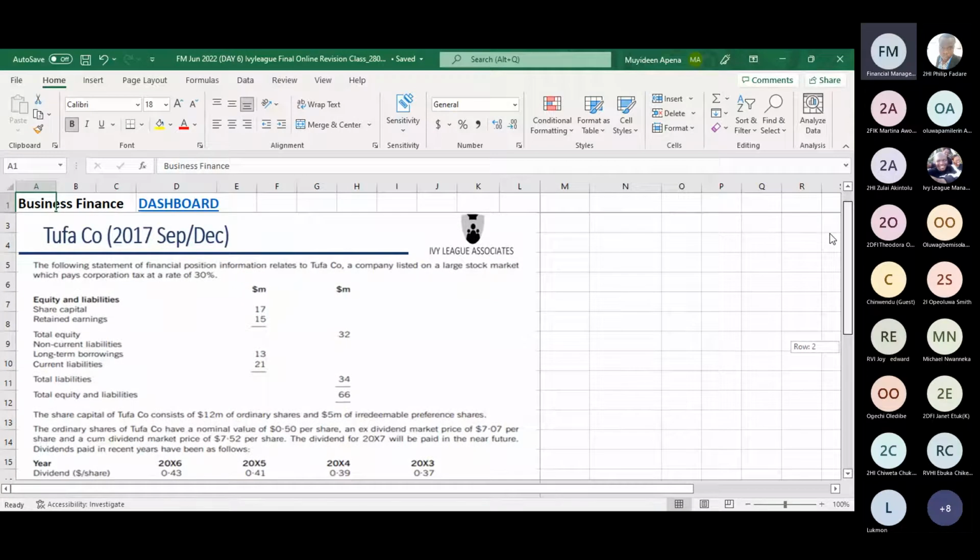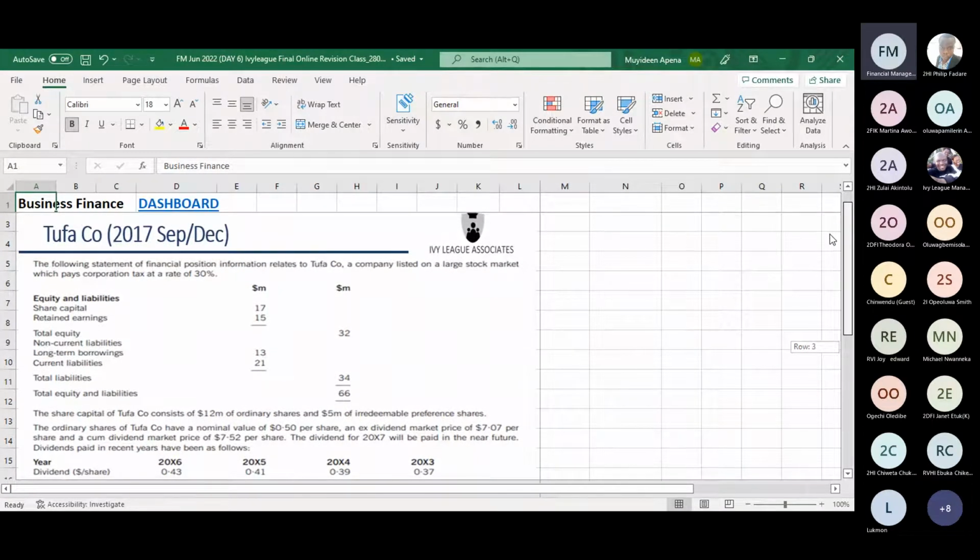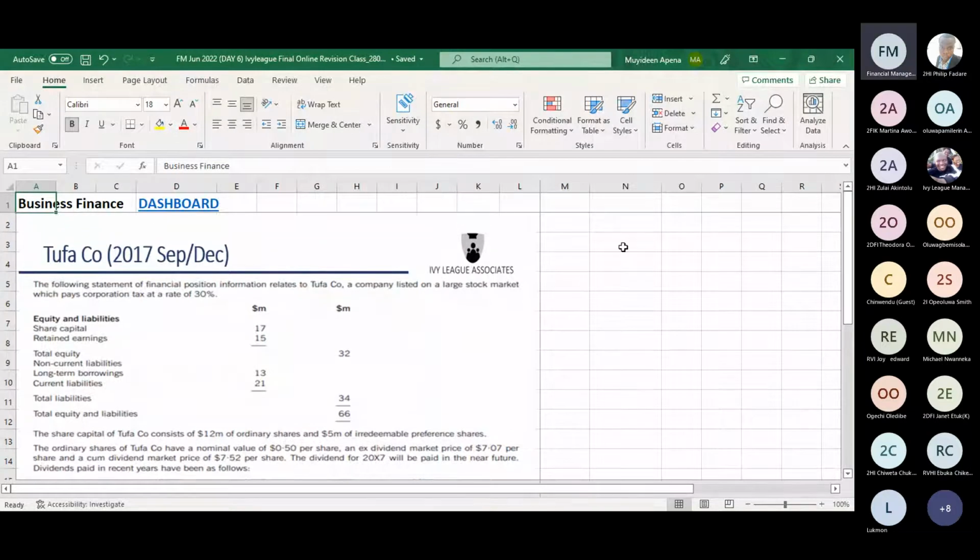The following statement of financial position information relates to Tufacco, a company listed on a large stock market which pays corporation tax at a rate of 30%. So let's quickly note that.